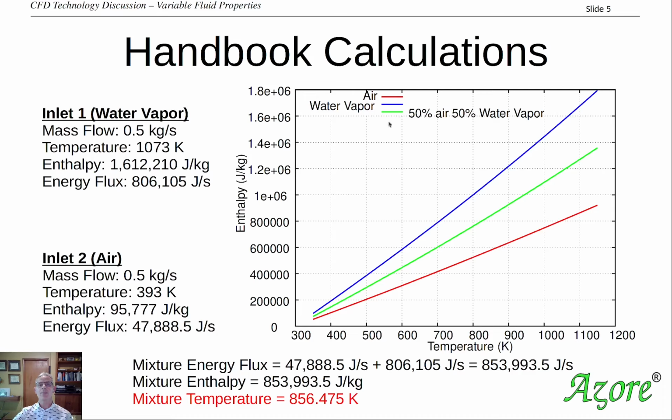But the one that is interesting from an energy balance standpoint is the mixture enthalpy, the combination of water vapor and air, 50-50. The green line represents the enthalpy level of a mixture of 50% air and water vapor, and you can see that it falls halfway between the air and the water vapor, which one would expect.